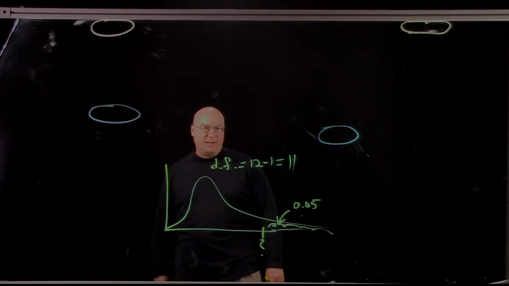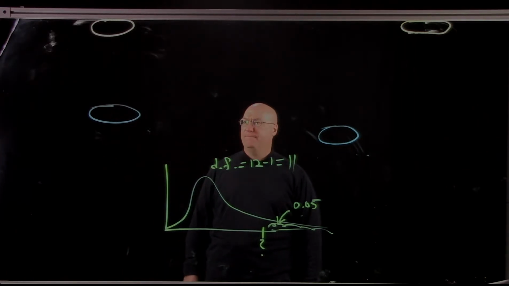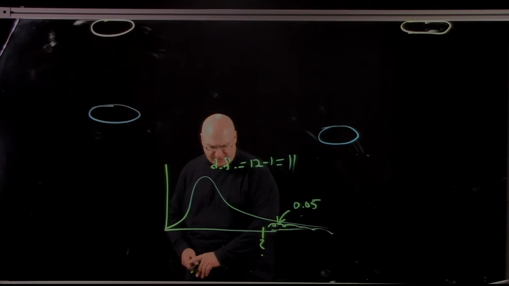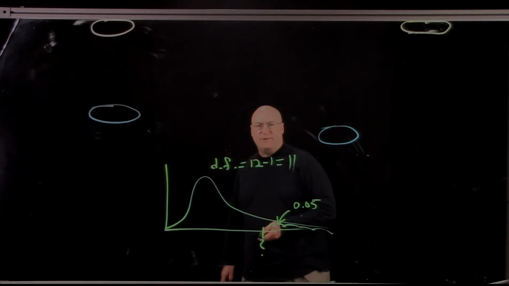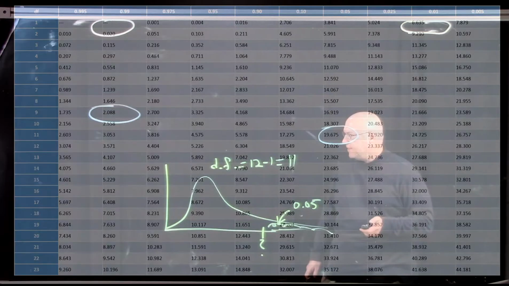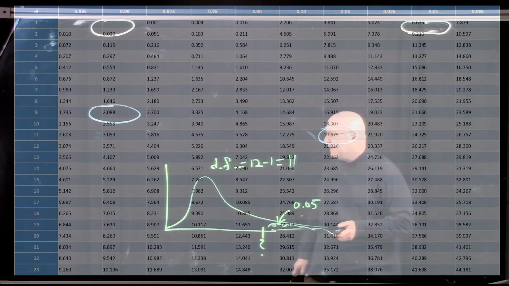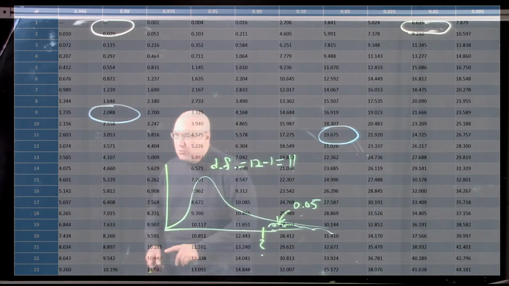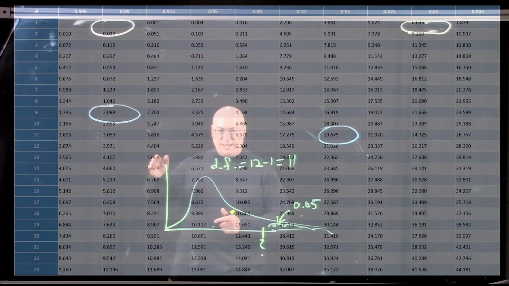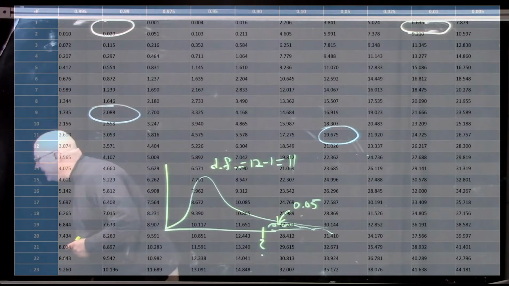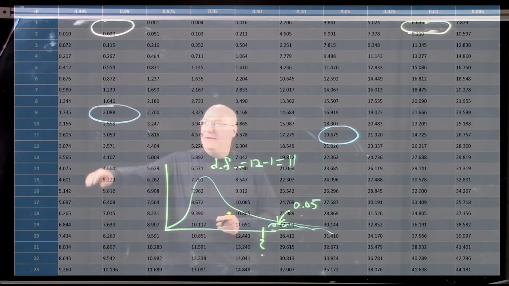Let me go to the next slide here, I have a table. Okay, now, what you want to do is you want to go down to degrees of freedom 11, right?